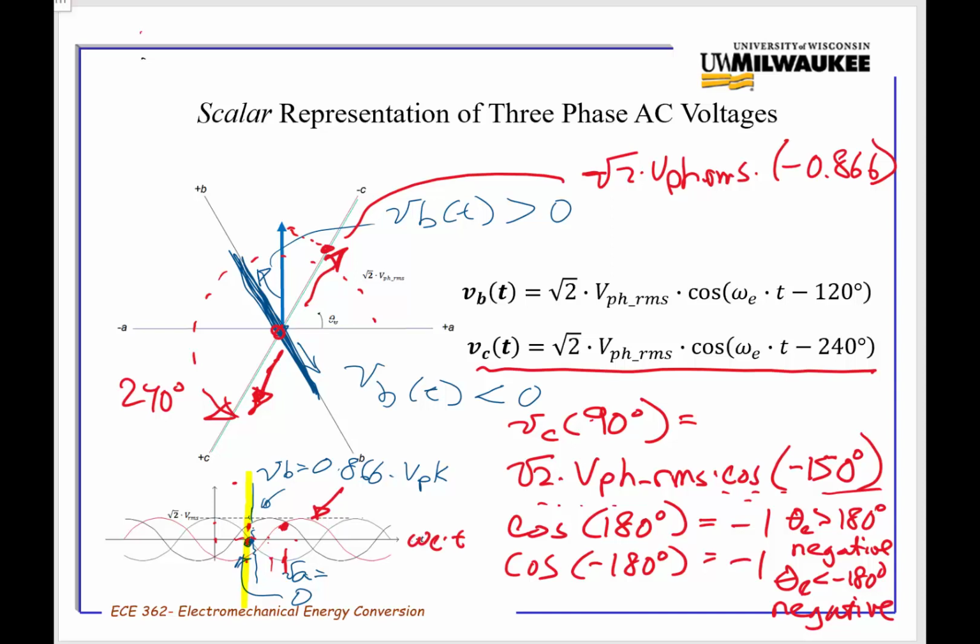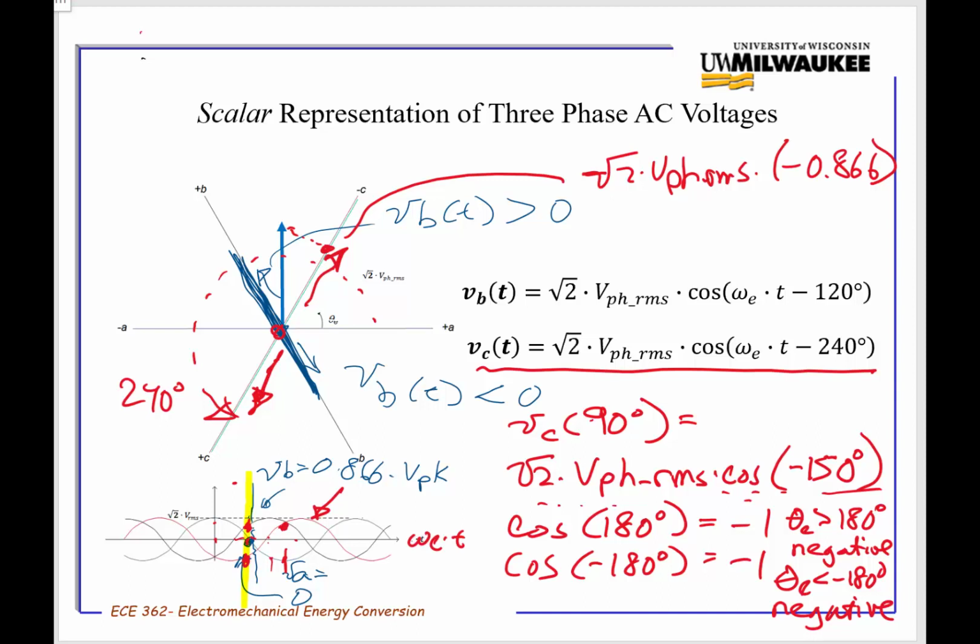We are actually at the same amplitude on the C phase as we are on the B phase. It just has an opposite sign. So the B phase was coming up on its peak, and the C phase just went past its negative peak. Definitely we can see that.